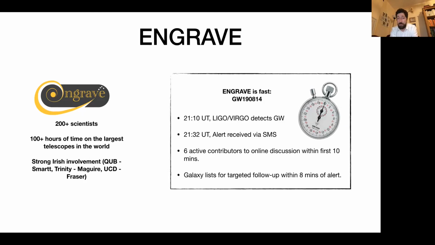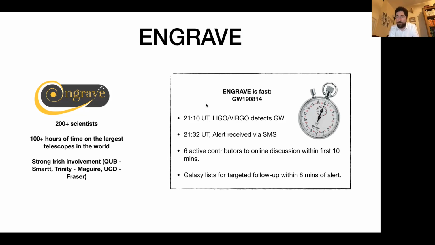Just to give you an idea, we've actually gotten quite good at it. Take a gravitational wave in August 2019, two years after GW170817. At 9:10, LIGO Virgo detected a gravitational wave. 22 minutes later, LIGO Virgo let us know something had been found. You actually get a text message on your phone.